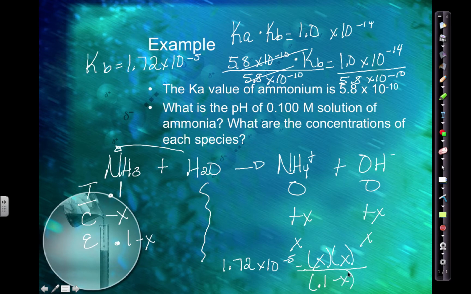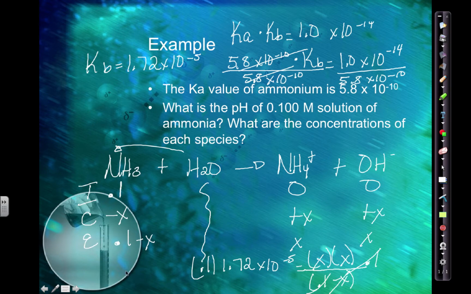Well, we can approximate here because K is small, so let's get rid of that. It's x squared divided by 0.1 is equal to this number. Let's get rid of the 0.1, and then I'm going to solve for x.